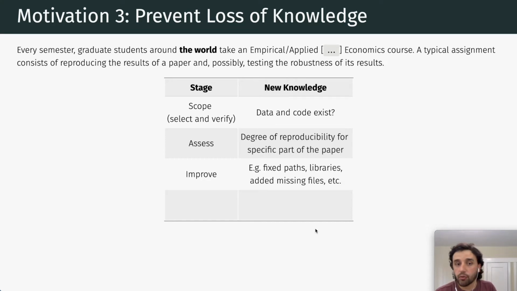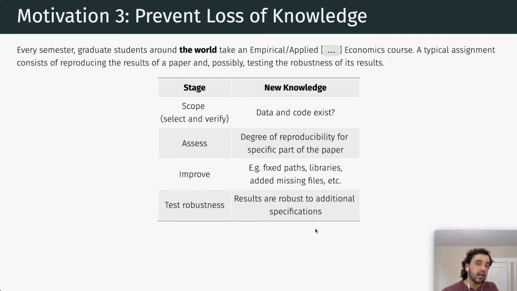Then it's not rare that somebody will improve it slightly. They might fix a path, automate the installation of some libraries, add some missing files, go find the original raw data sets and things like that. And finally, they will test if the results are robust to additional specifications that are not mentioned in the original paper. All these steps generate new knowledge.